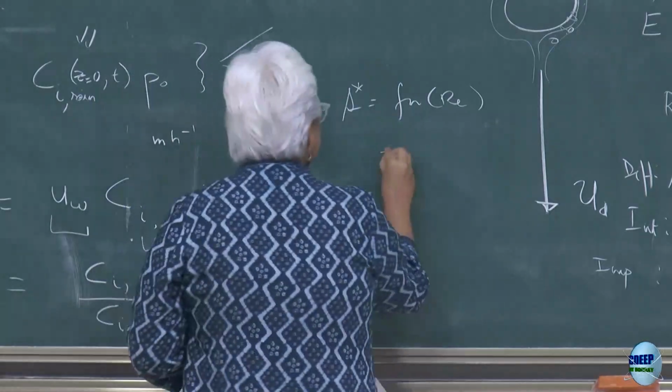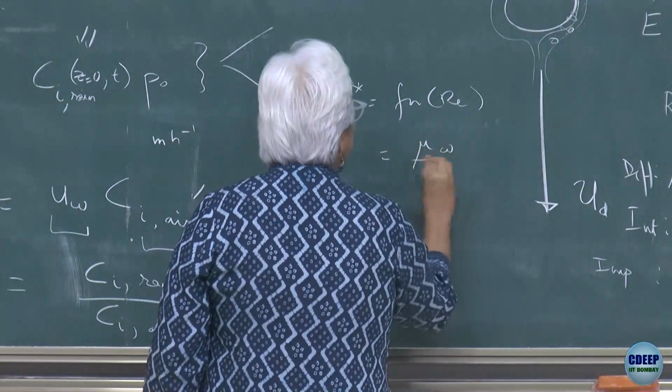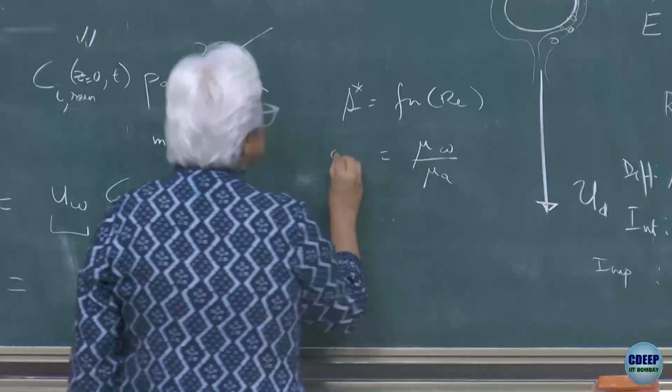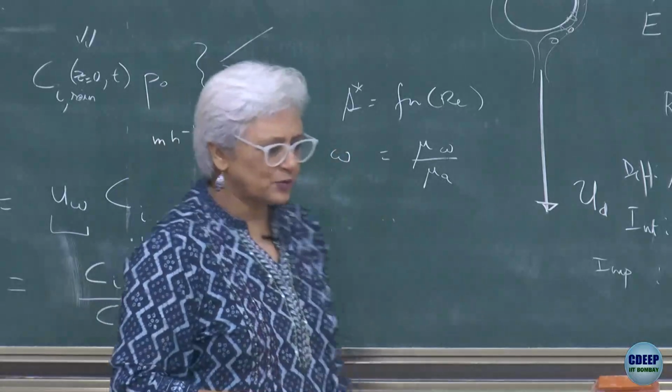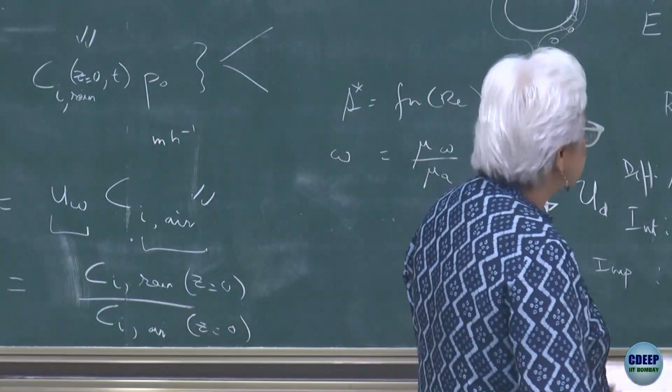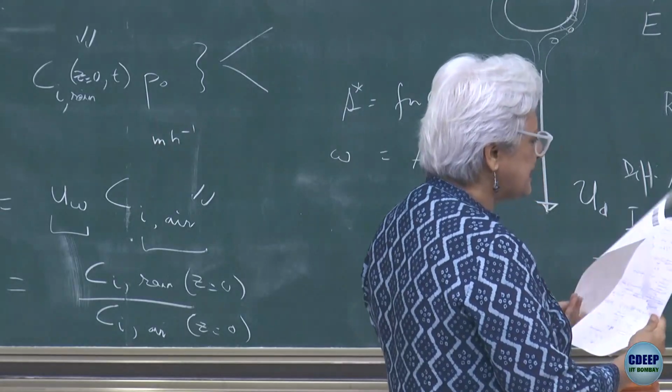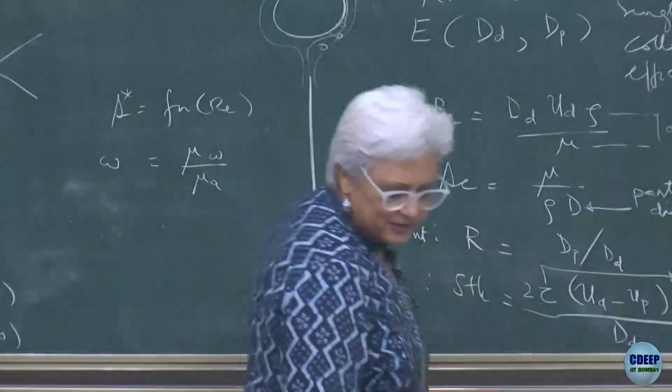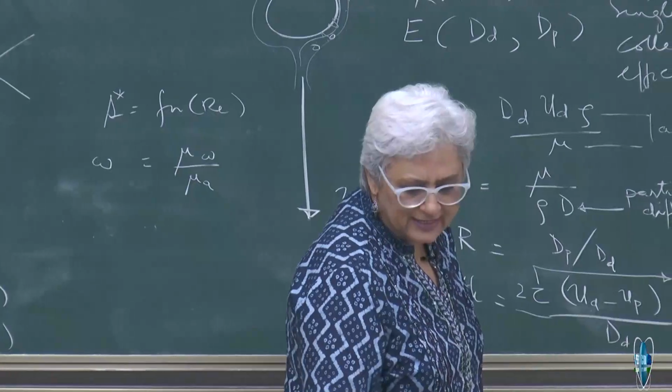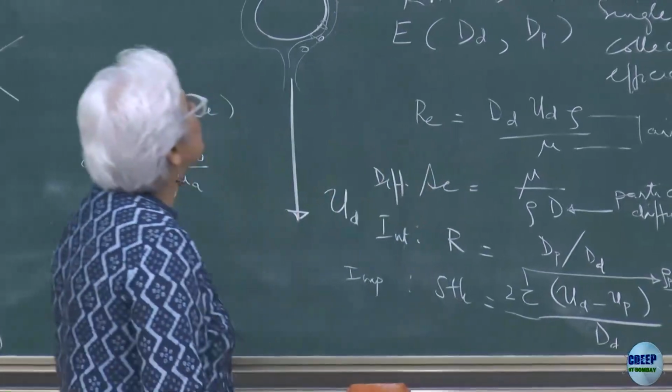And then there is another thing, which is a ratio of mu water by mu air, which for some odd reason is termed omega over here, right? So, with this, we will go ahead and put up what we know.